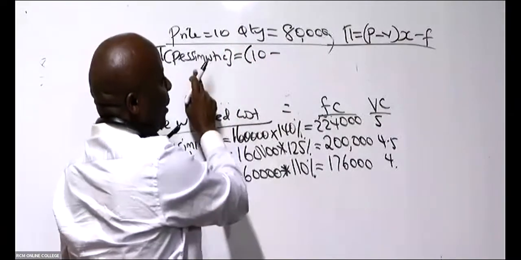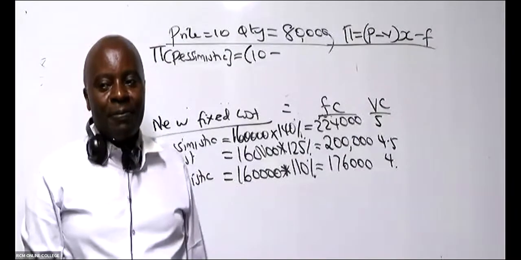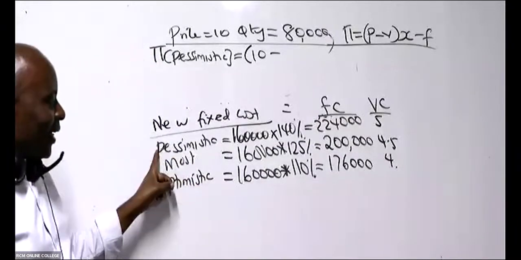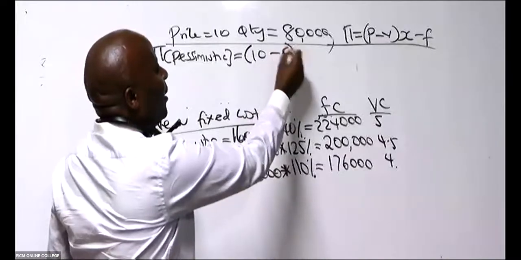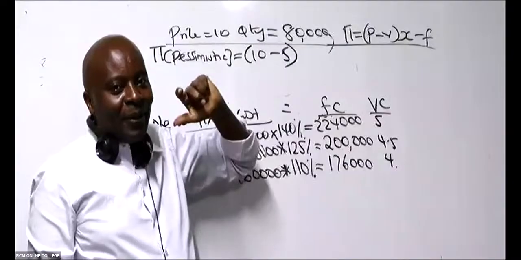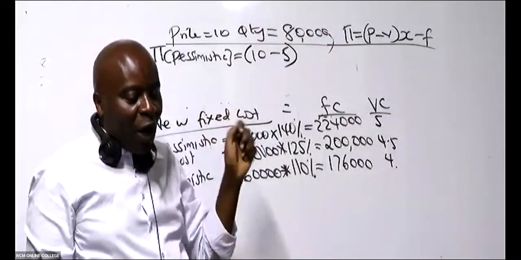If in this case a pessimistic environment prevails, what will be the variable cost? Pessimistic is here. 5. I'm following that equation for profit planning, multiplied by our quantity. So the quantity will be how many units throughout?